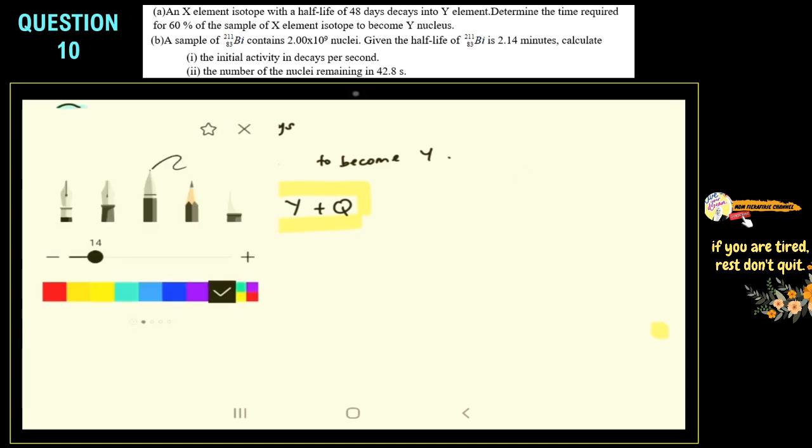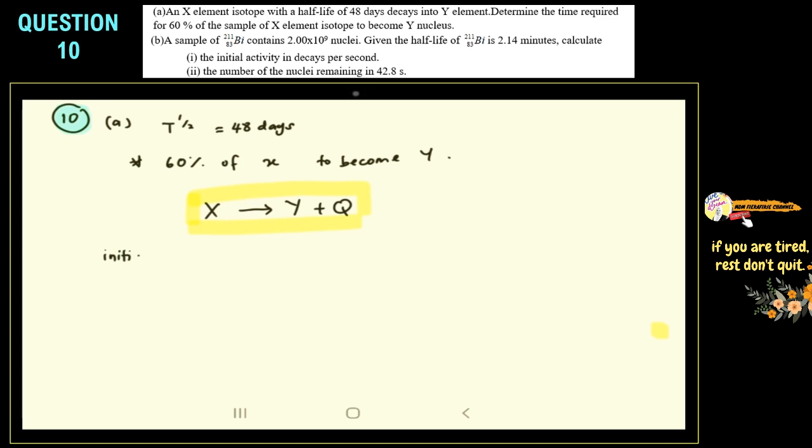Remember, initially we have the initial nuclei, which we can write as n naught X, so the number of nuclei for element X is equal to 100%. After 60% of X element becomes Y nucleus, the amount of nuclei for X would become 40%. So only 40% is left.